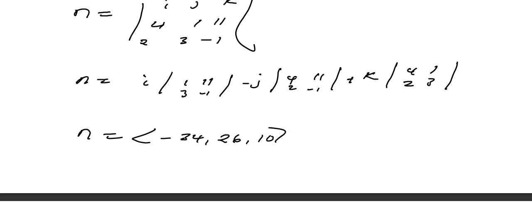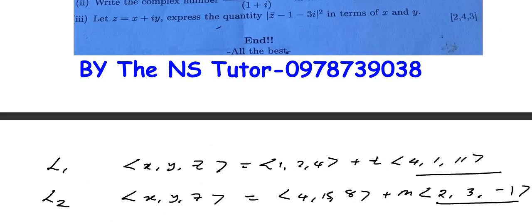You pick any of the points because these were just points on the plane, this point or that point.